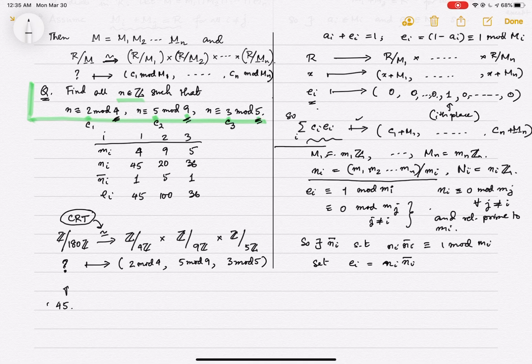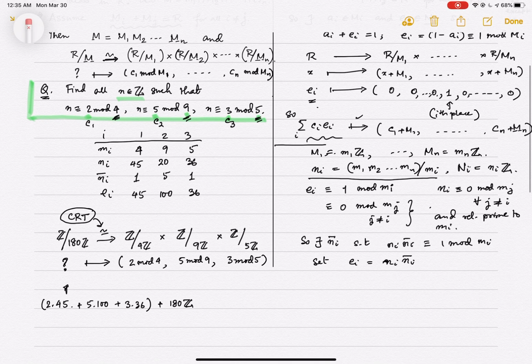So you'll get 2 times 45 plus 5 times 100 plus 3 times 36, plus any multiple of 180, which if you calculate comes out to 158 plus 180Z.